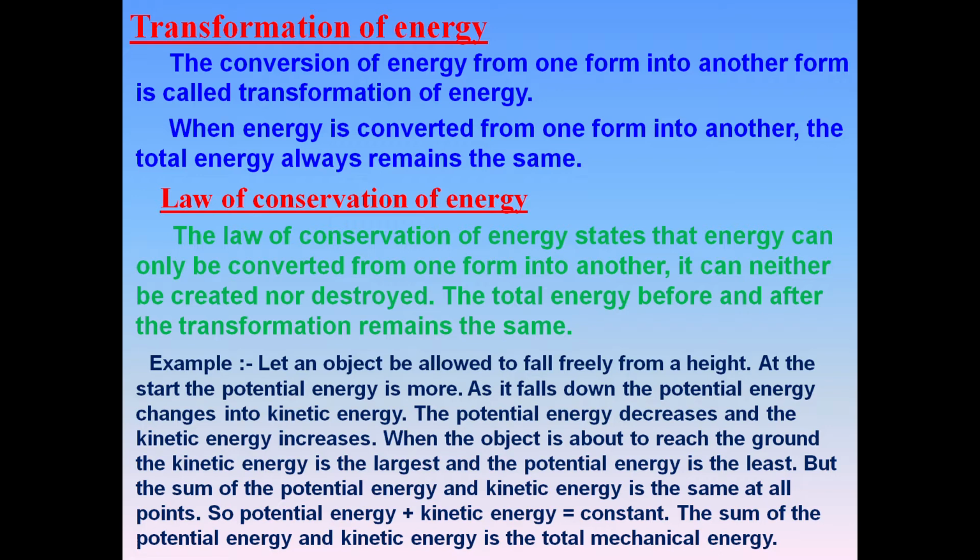For example, an electric cell converts chemical energy to electrical energy. We can have another example where light energy is converted to electric energy. For example, a solar cell converts light energy of sun to electrical energy. In the same way, a bulb or a tube light converts electrical energy to light energy.